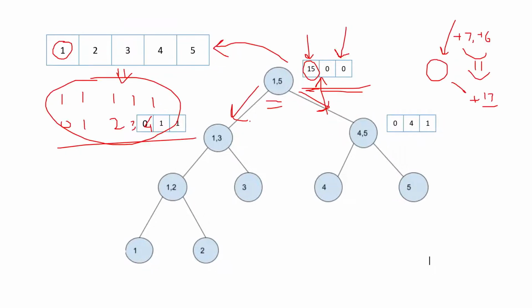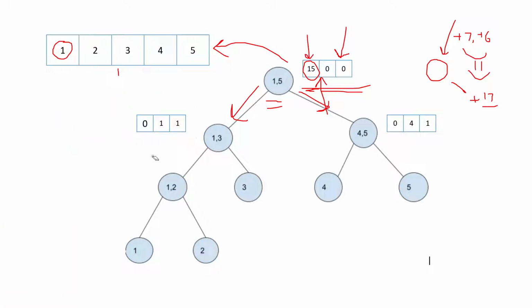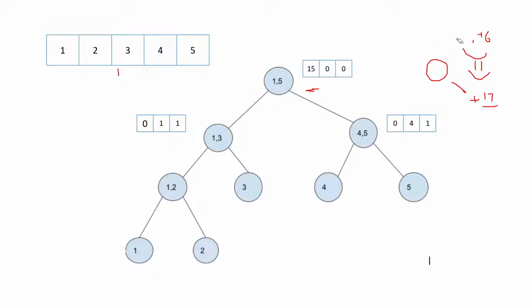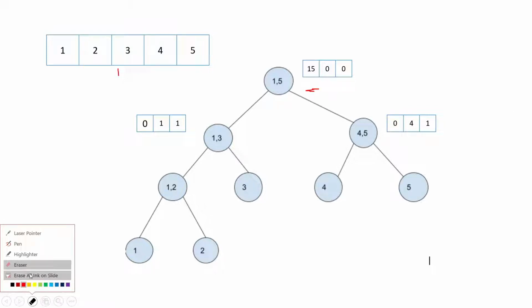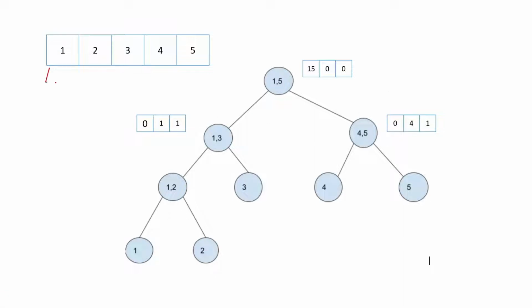Okay, so let's clear it. Erase everything. This range is then broken down into two subtrees.